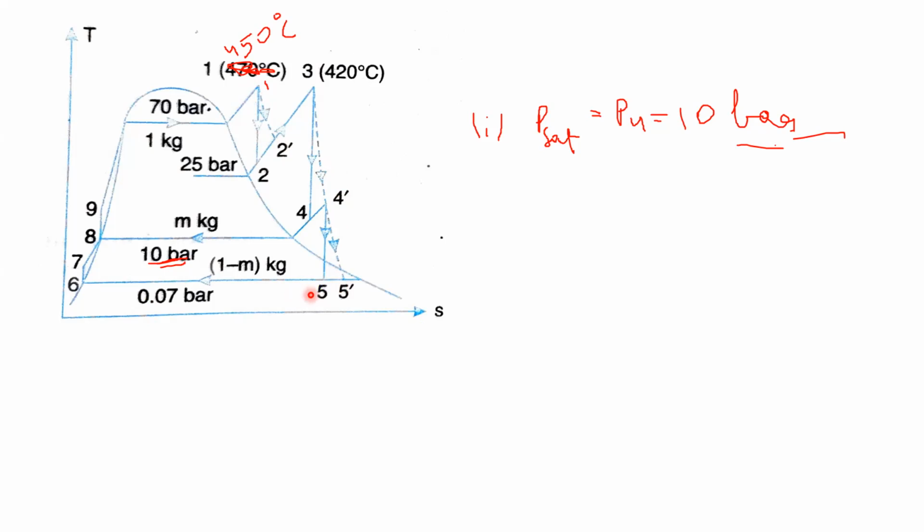First of all, I am calculating H2 dash. For calculating H2 dash, here, the isentropic efficiency of a turbine, for the high pressure stage, is equal to the actual work done.